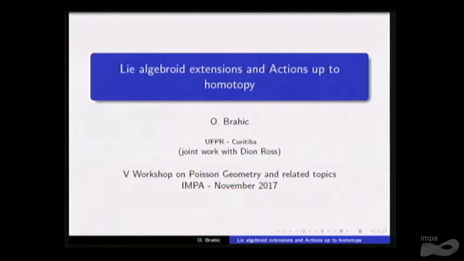So what I want to talk about today is algebroid extensions, and I want to explain a few things about them. In particular, how they can be considered as actions up to homotopy, where essentially you have a Lie algebroid acting on another Lie algebroid up to homotopy.